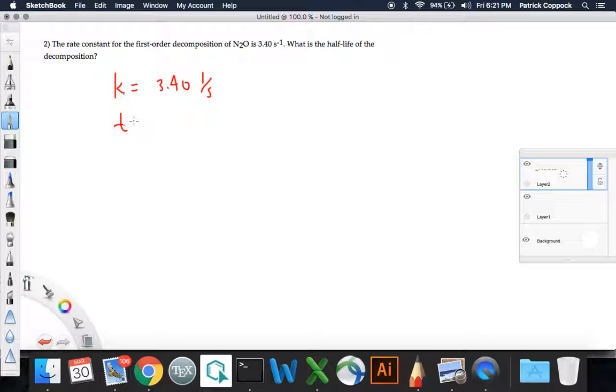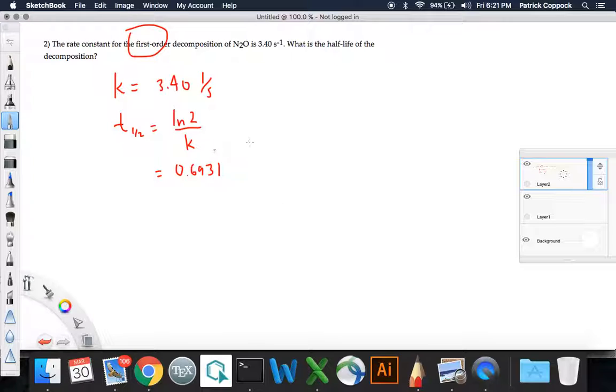Oh yeah, okay. So half-life, and if it's first order, then half-life is equal to the natural log of 2 over k, right? So this is going to be 0.693. I have that memorized, but I'm going to calculate. I've got my calculator here, so I'm just going to go ahead and do it. Natural log of 2 is equal to 0.693.